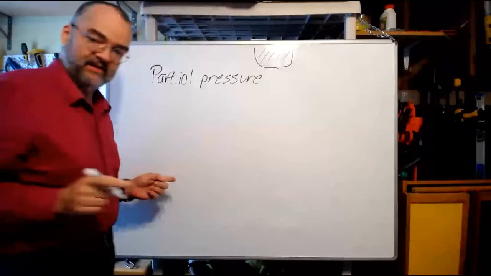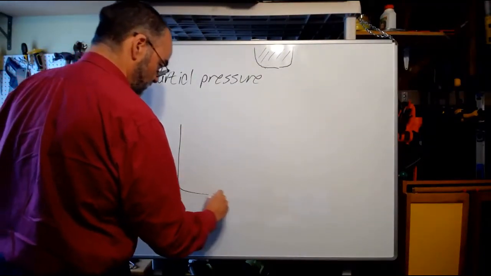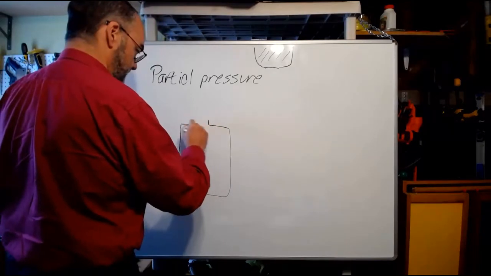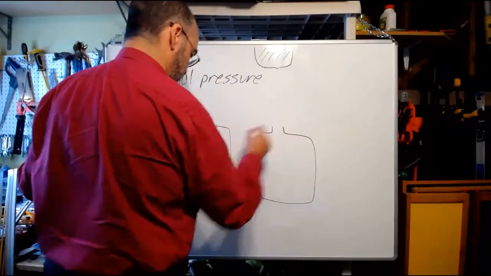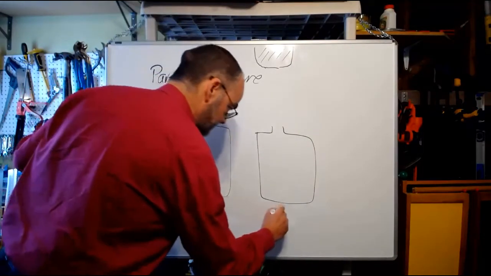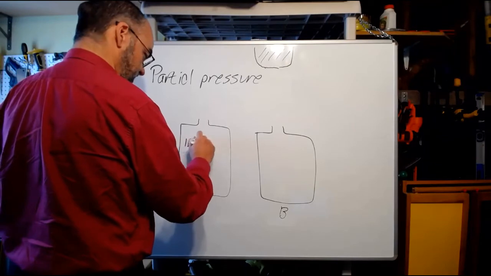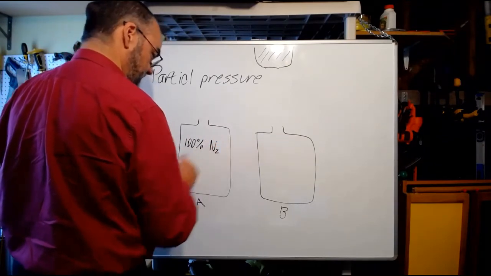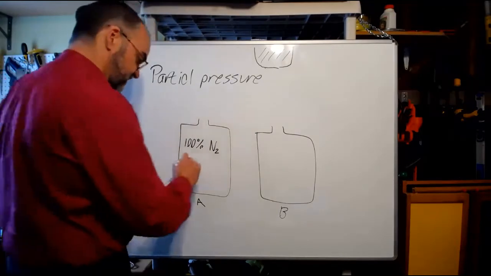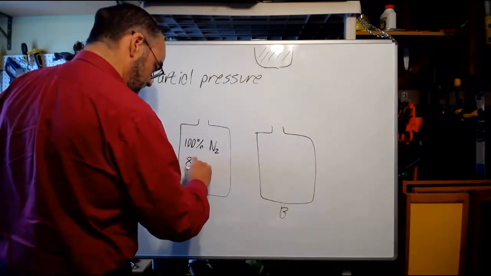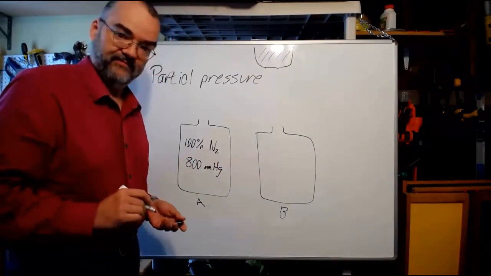To illustrate this, let's use this scenario. Let's imagine we have two containers of gas. So this is container A and container B. Container A is 100% pure nitrogen, and we're going to say that the overall pressure in this container is 800 millimeters of mercury.